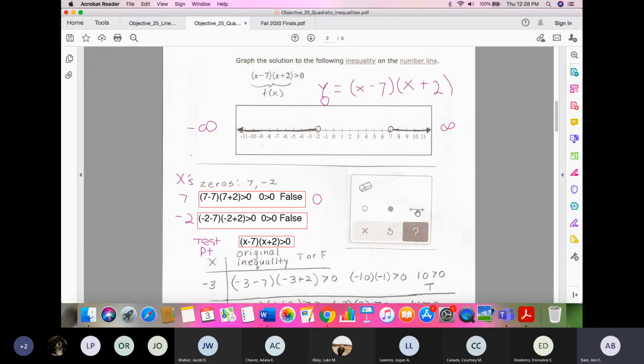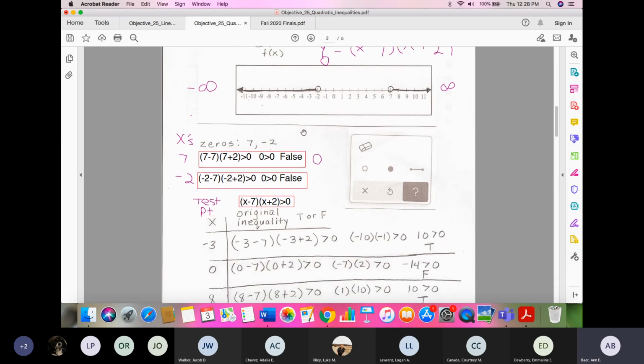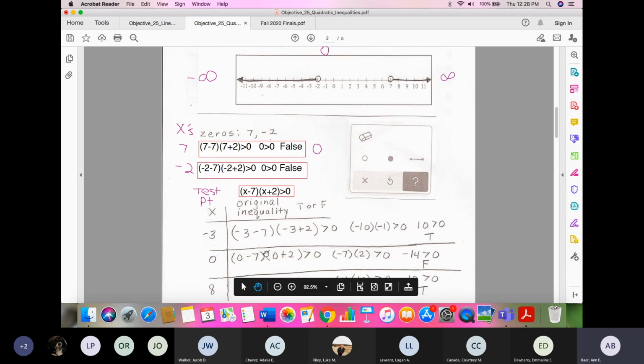So I took this tool in ALEKS, went and clicked in this interval. Click, and that ray automatically appeared. The next interval, the interval with a test point of 0, we got a false, meaning we do not want that interval. So we leave it alone.